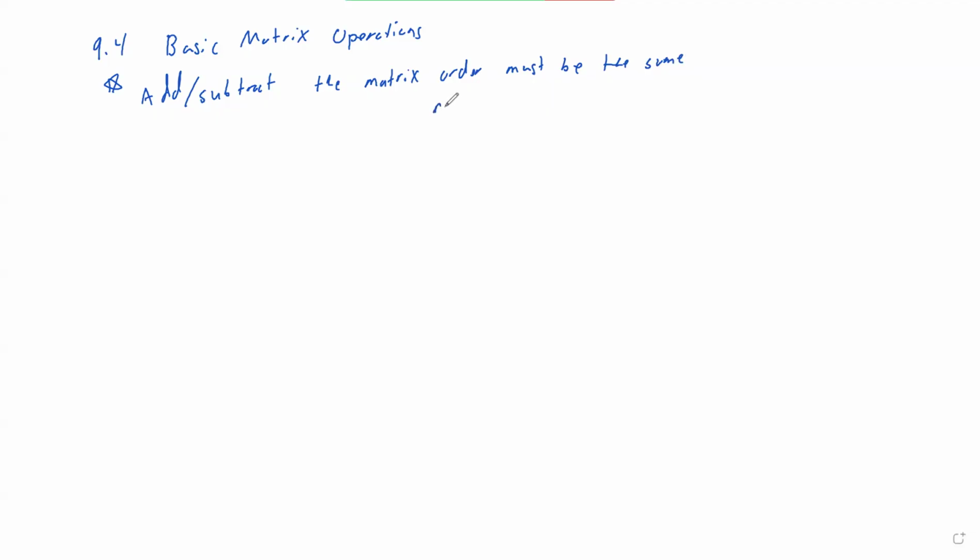So if it's an n by n, I can add that to another n by n. If it's an n by n plus an n by m, that's a no. It has to be the exact same size matrix.